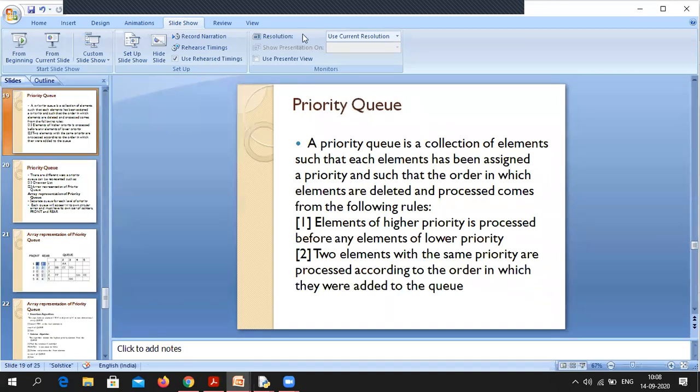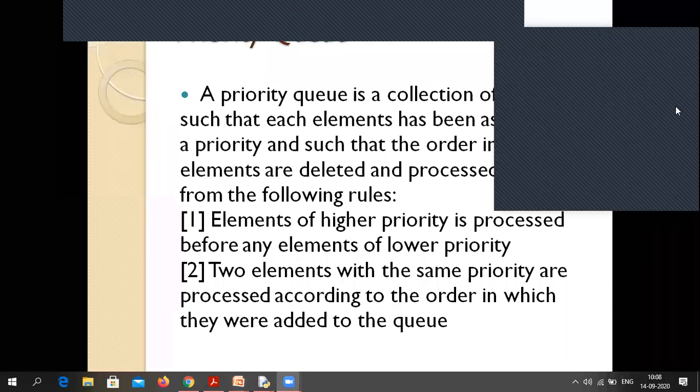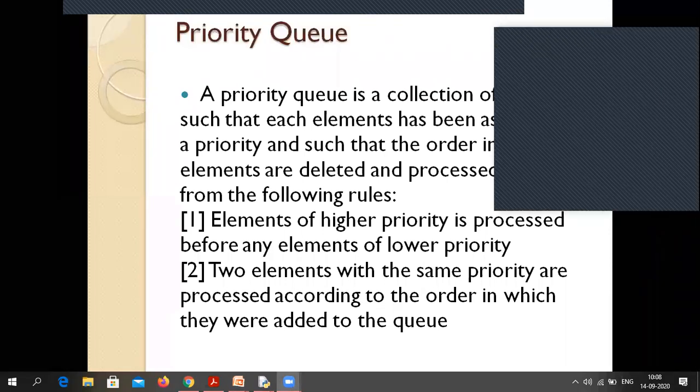Yes, beta, any doubt? No? Okay, Keshav, 155 roll number. Can you tell me what do you mean by priority? Keshav?